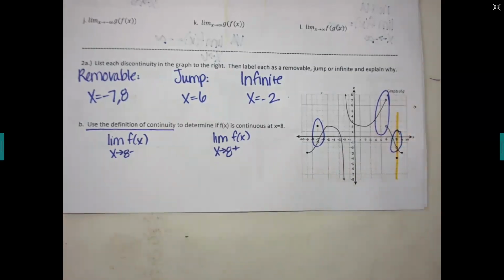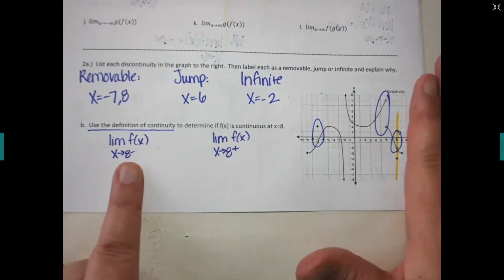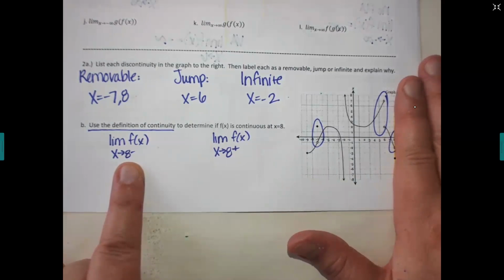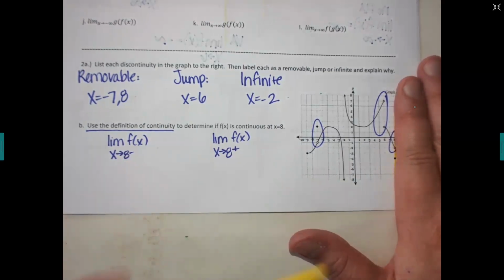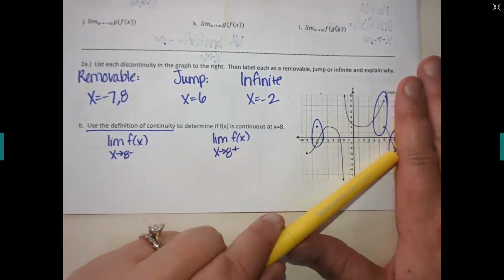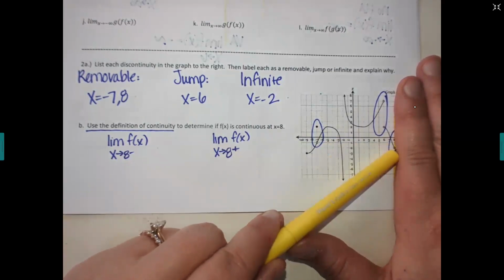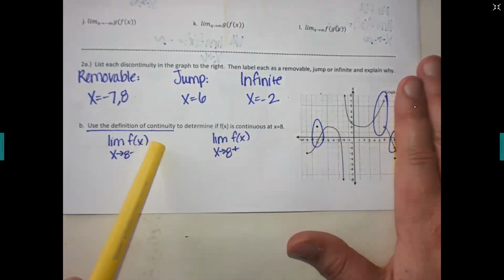And remember, to do a left and a right limit, you're only gonna look at that half of the graph. So if I wanna do a left side, I'm gonna pretend like the graph stops here, and I'm just gonna see where my graph leaves off at. If I cut the graph off here, what's my y value at 8 looking like it's gonna be? -2, put a -2 right here.